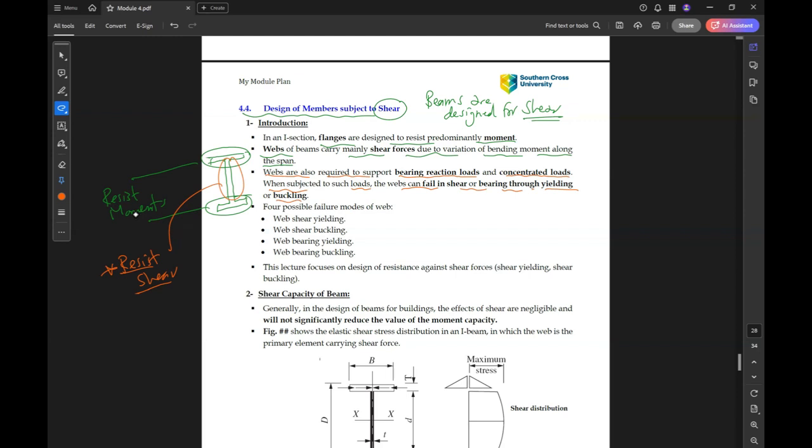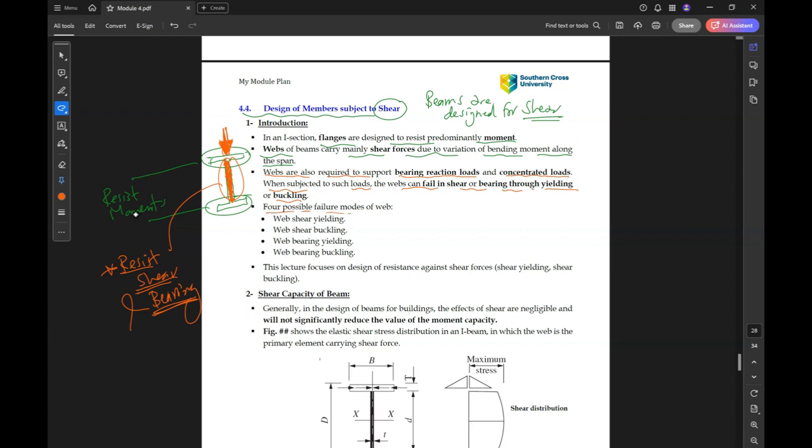So also, when the member is under a bearing load, the web is resisting the bearing. So the web is resisting two types of loads, shear and bearing.